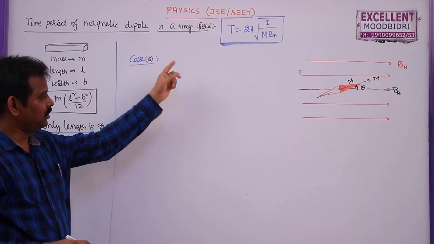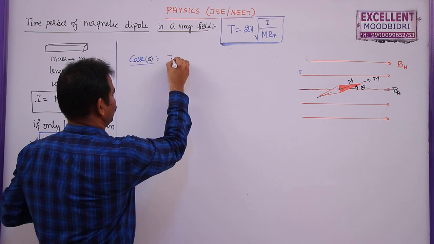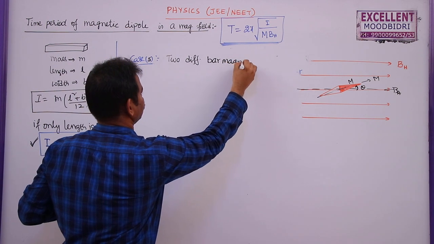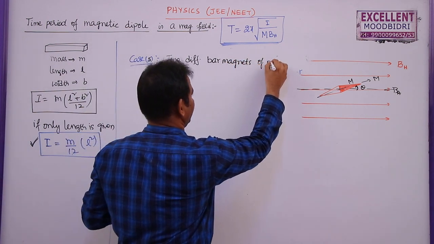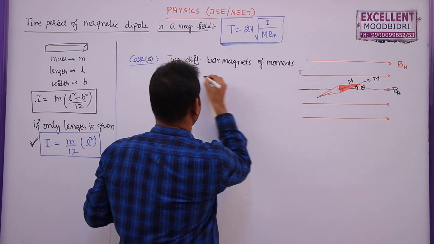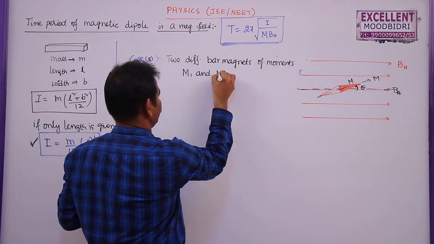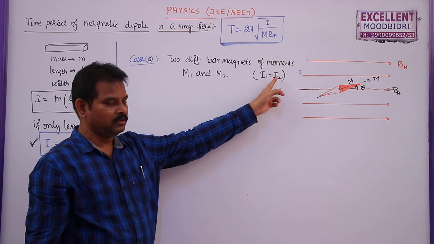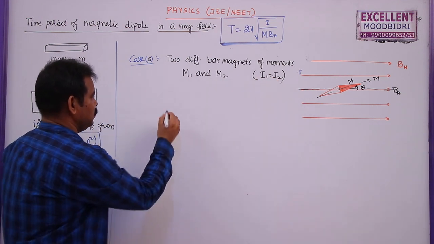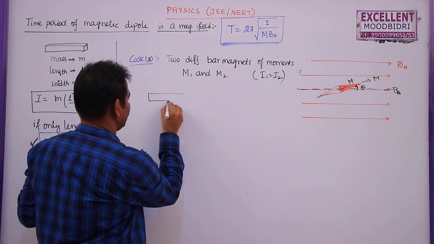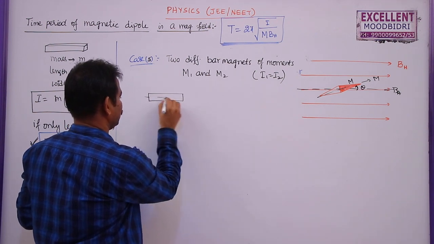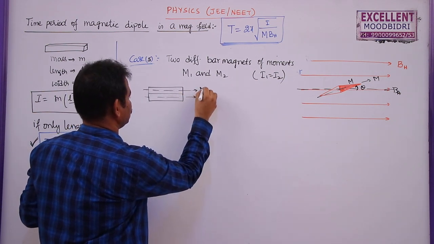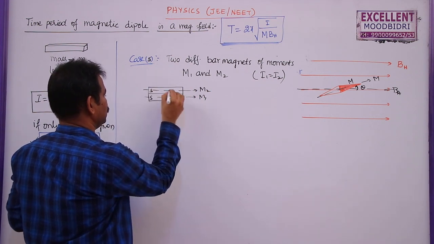Instead of two identical bar magnets, take two different bar magnets of magnetic moments m1 and m2 with I1 equal to I2. That means their moments of inertia are the same, but magnetic moments are different. If they are placed such that this is m1 and the size of this one is also the same, but the magnetic moment is different, m2, south to north, south to north.